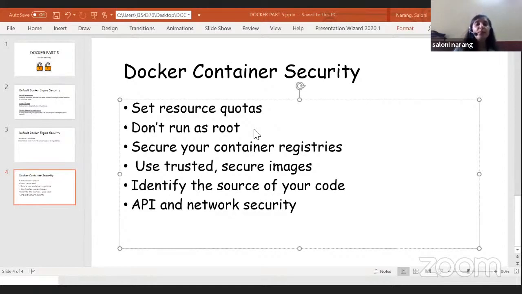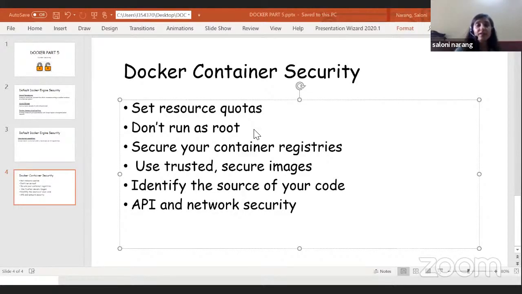Another important thing is, don't use the default bridge, docker0. Using the default bridge opens you up to ARP spoofing and MAC flooding attacks. So try not to use it; containers should instead be on a user defined network and not the default one.